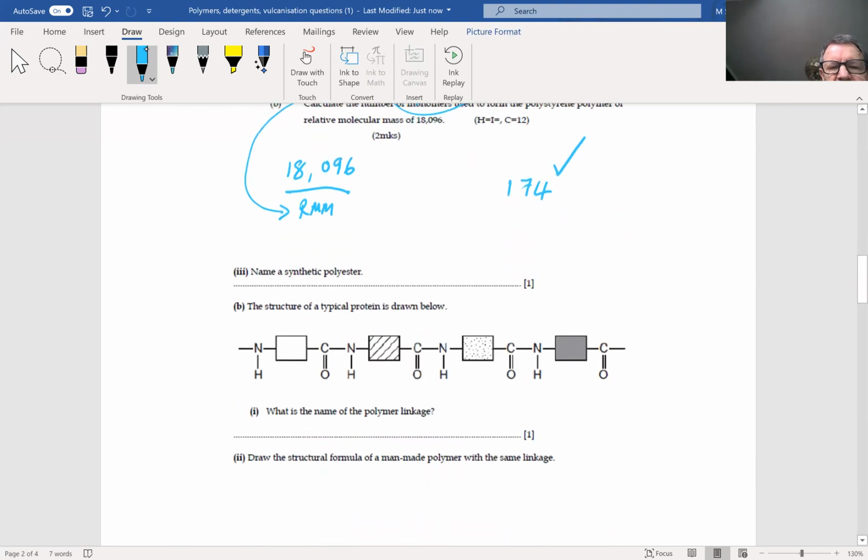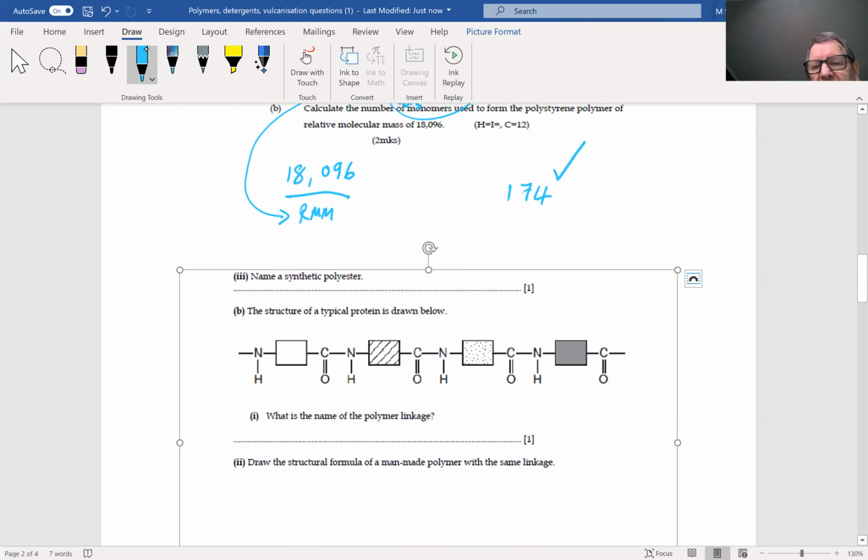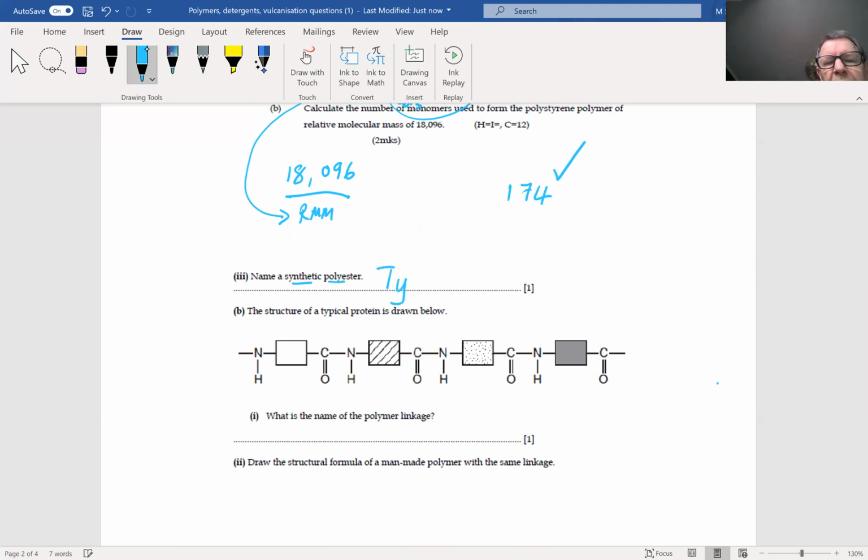This sort of question, the next one, name a synthetic polyester. It's important that we realize two things. Firstly, it's synthetic, and secondly, it's polyester. It's best that you just remember one. Oops, that's not how you spell it.